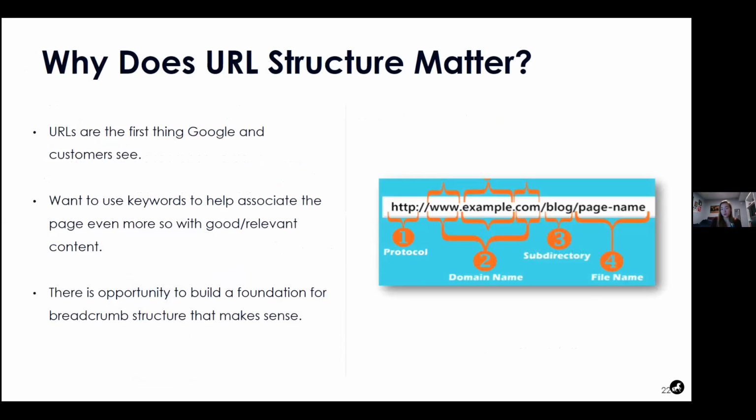So then also talking about URL structure. Even though we're really not typing in URLs specifically anymore, it's still the first thing that Google sees. And when able, you want to put keywords in, and it builds this whole breadcrumb foundation.